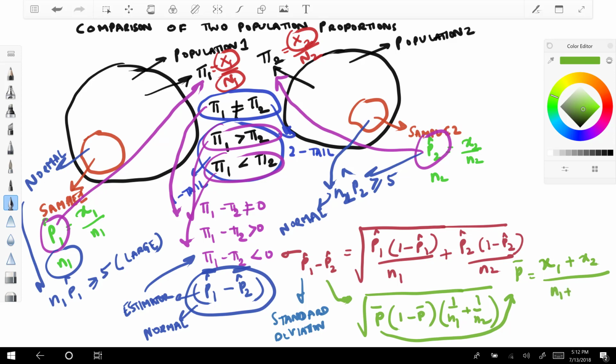So these x1 and x2 and n1 and n2 refer to the samples. So this P bar is called the weighted average of the proportions.